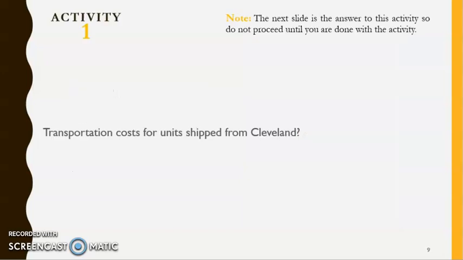So with this information, formulate the transportation cost for units shipped from Cleveland to any potential places. In fact, when you formulate this, you should come up with a formula that, when you give the values to the decision variables, gives you the total cost for units shipped from Cleveland. Pause here, check the case, and replay some parts of this video before you check the answer.